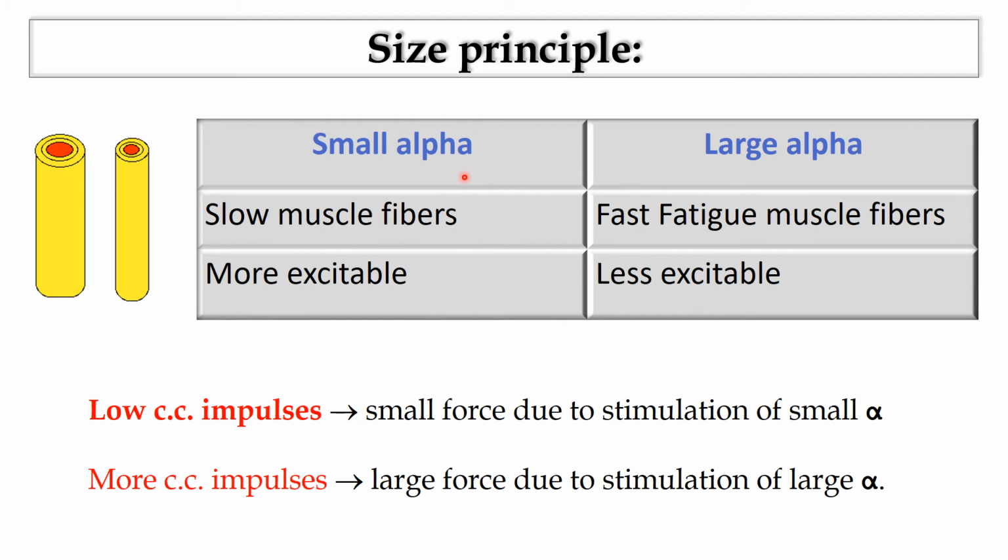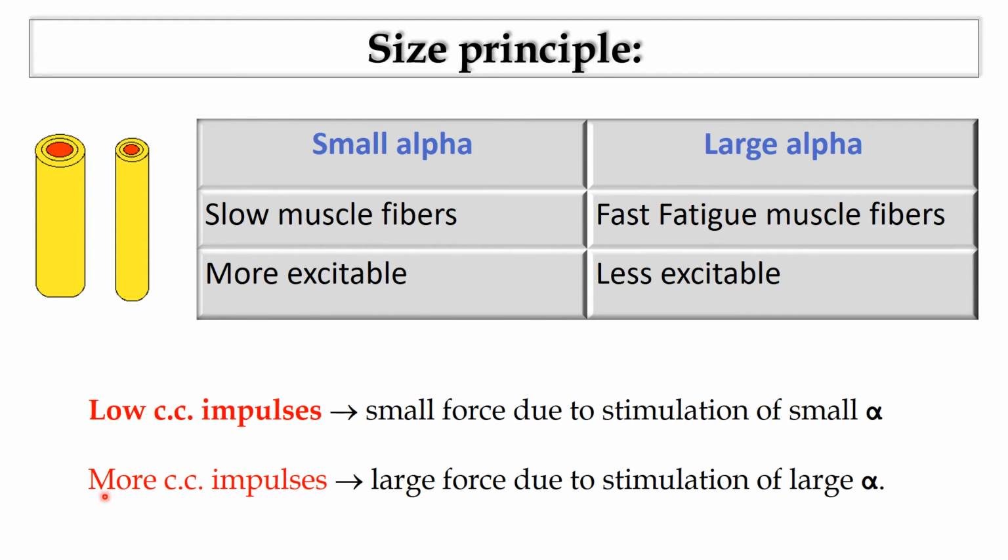So when we have low impulses, or low electrical current coming from the cortex, the more excitable small alpha fibers will be excited, leading to contraction of slow muscle fibers, leading to small force.